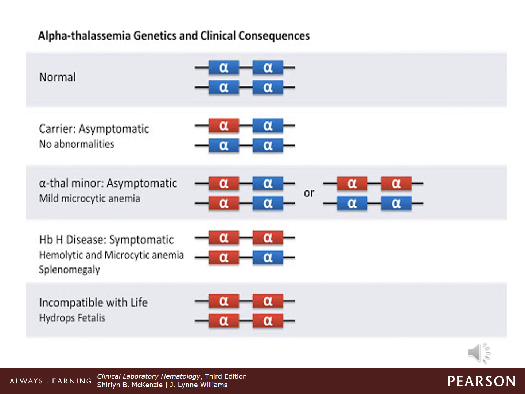As we see in the third slide down, hemoglobin H disease, we have 3 mutations or deletions of the alpha chain, leading to hemolytic and microcytic anemia. And this hemoglobin H, as you saw in the overview slide, is a tetramer of 4 beta chains, creating an abnormal hemoglobin.